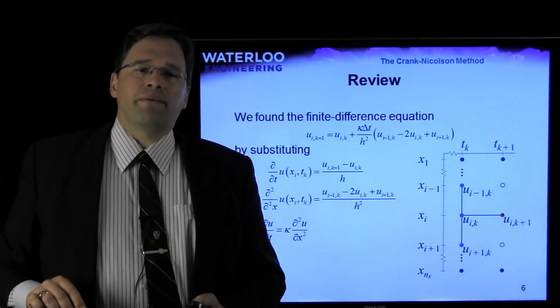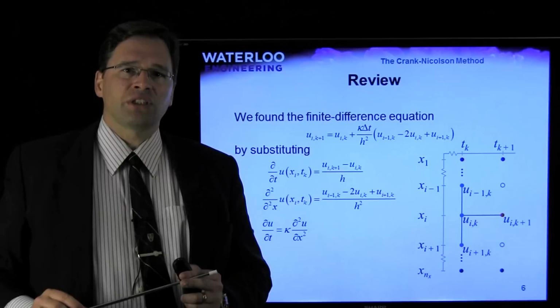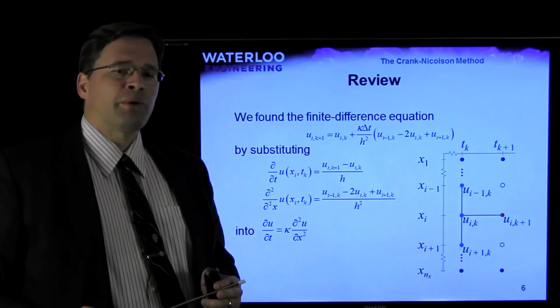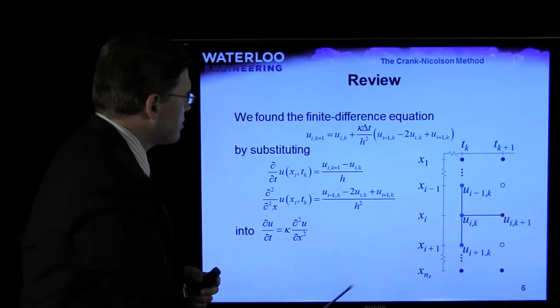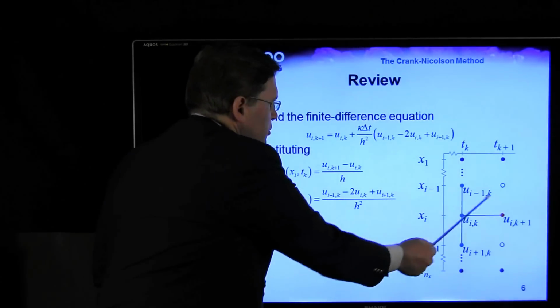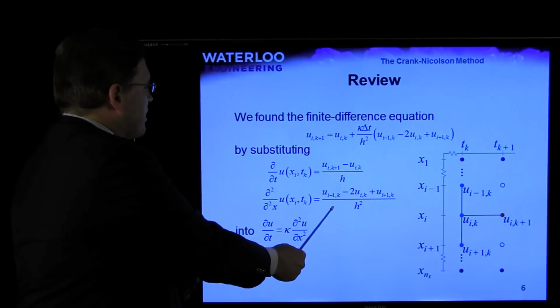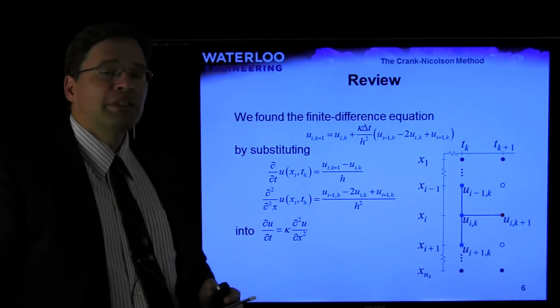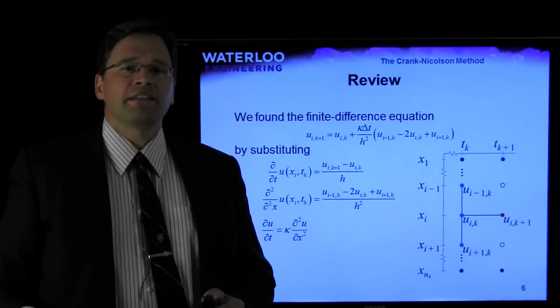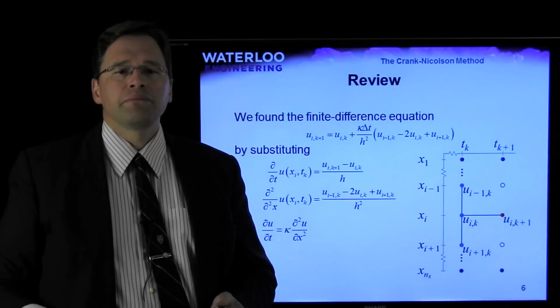Now, how did we get this finite difference equation? This finite difference equation is found by taking these two approximations of the derivative using these 2 points and the concavity with respect to space at these 3 points, and we substitute those into the heat conduction diffusion equation.